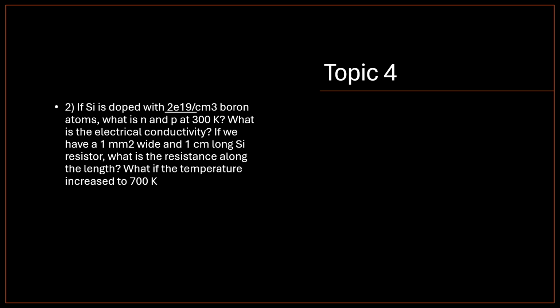So our new equation for this one is going to be electrical conductivity equals N times electron mobility plus P times the hole mobility. On my last slide, I kept saying multiplication, but it's actually addition.